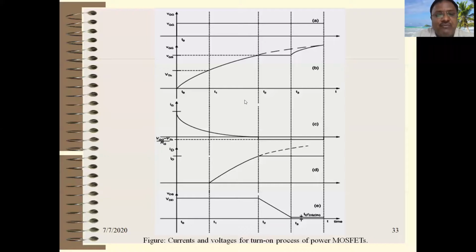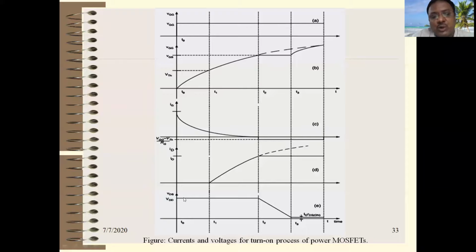So from T0 to T1, the VDS is equal to VDD. Then from T1 to T2, still VDS equals VDD, because the device has not completely turned on. Current starts to increase, but at T2, your device is completely on. So VDS equals VDD till T2.